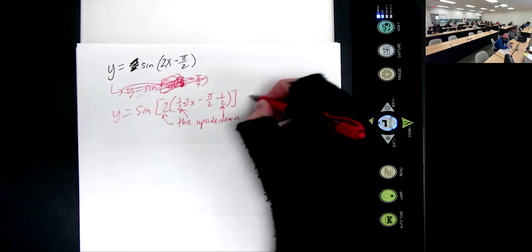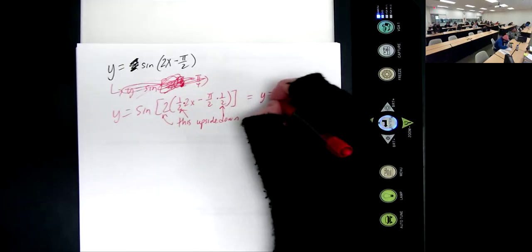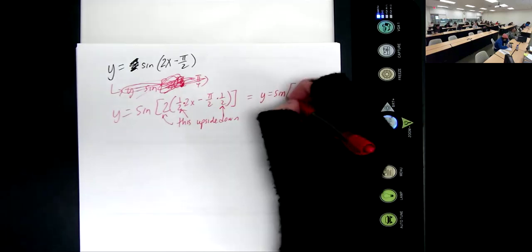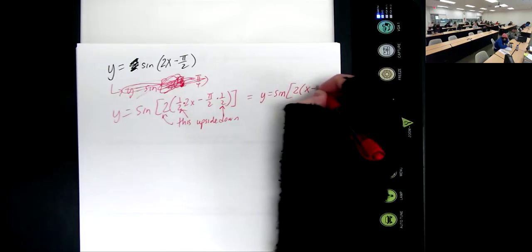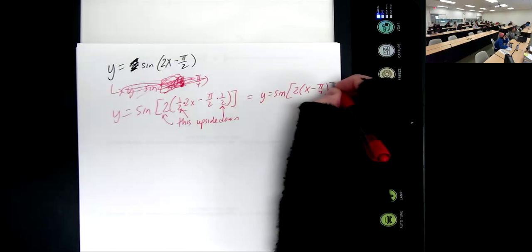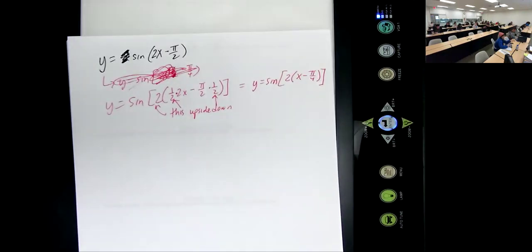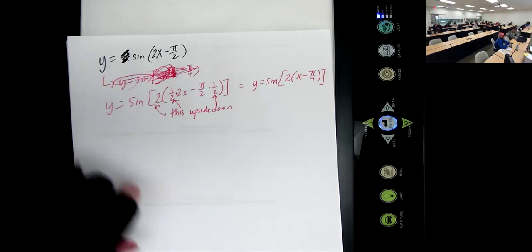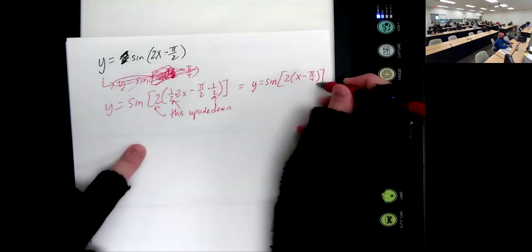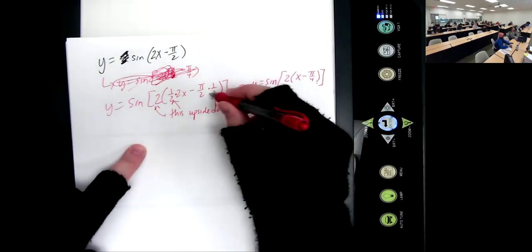And if I do that, I get y equals sine of 2 times x minus pi over 4. Why are we multiplying it by 1/2? Because if I multiply the 2 back in, I'm gonna get the right thing. I'm gonna get what I started with.